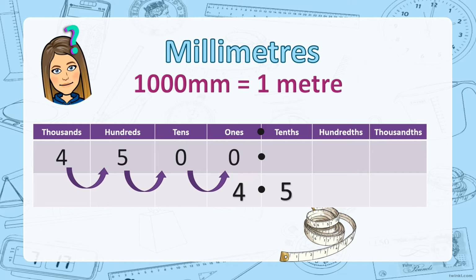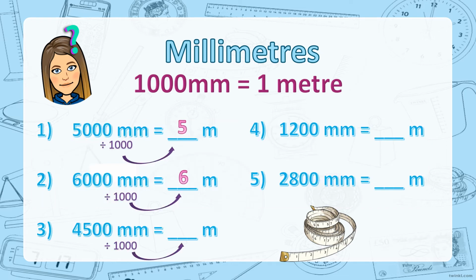Our 5 will end up here, and our 2 zeros will end up here. So our answer will be 4.5. So 4,500 divided by 1,000 would be 4.5. We now have our answer. Well done if you got that.